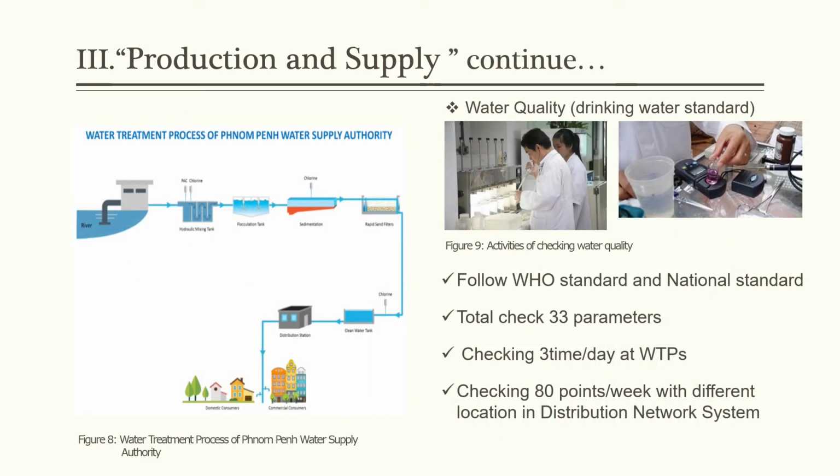So number three, production and supply, continued. On the left-hand side is illustrated the water treatment plant process of Phnom Penh Water Supply Authority.